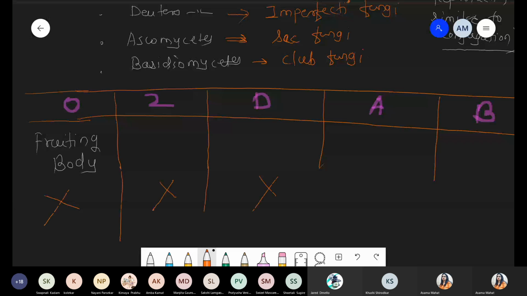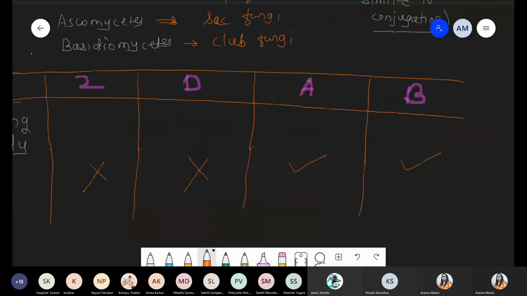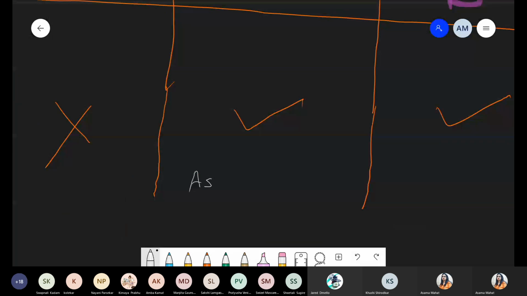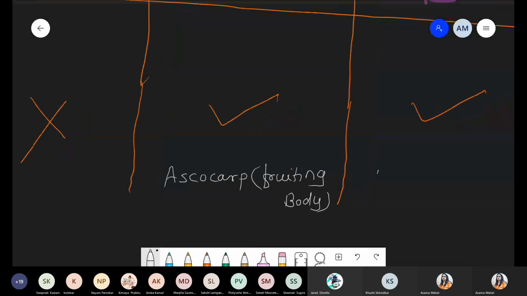Under the ascomycetes, yes, it is present. Under the basidiomycetes, yes, it is present. The specific name of the fruiting body under ascomycetes is ascocarp; carp means fruit. In case of basidiomycetes, the name is basidiocarp.